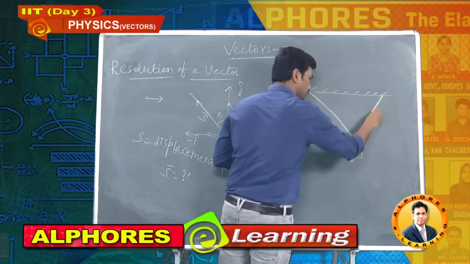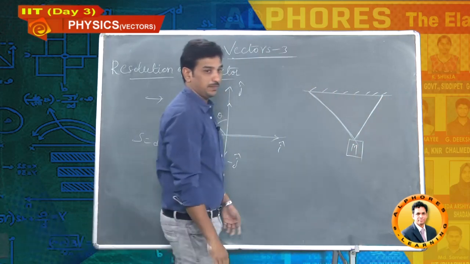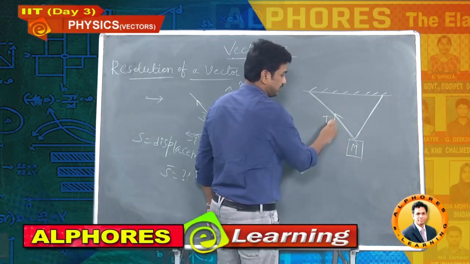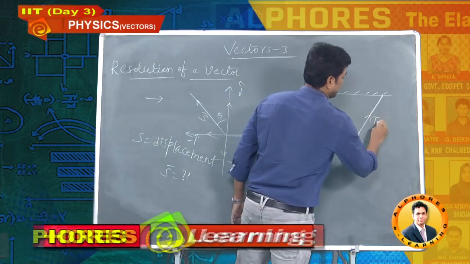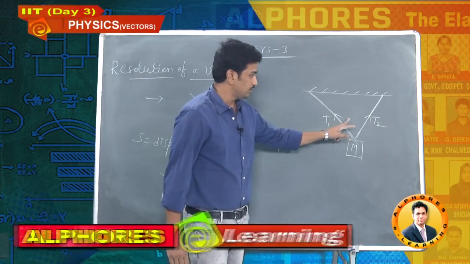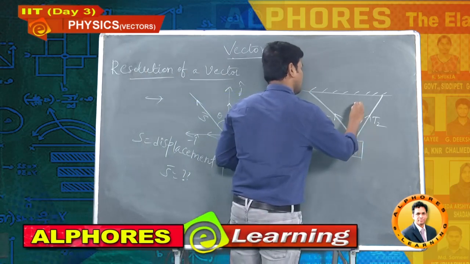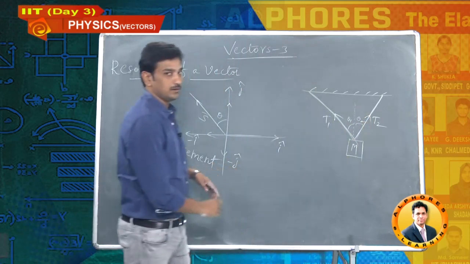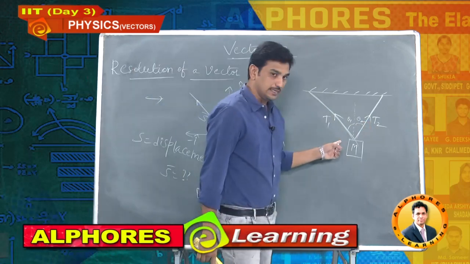It's a wire, two wires, mass m. Here there is a force in the wire T1, I have given in the question. This wire having tension T2. In this wire tension T1, in this wire tension T2. Dotted line, theta 1, theta 2. Now here it is in equilibrium.